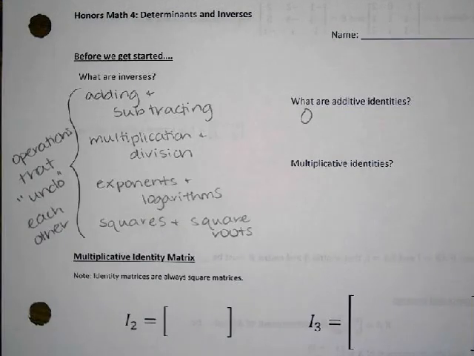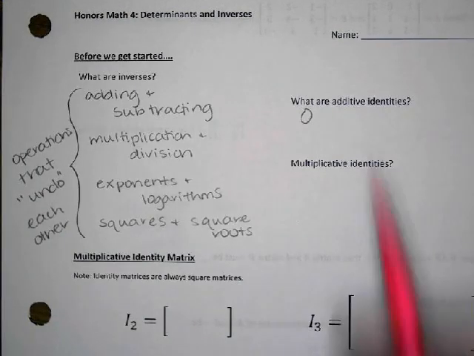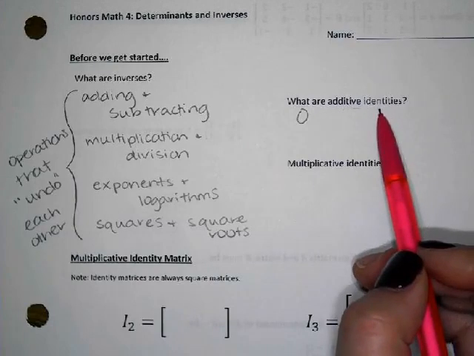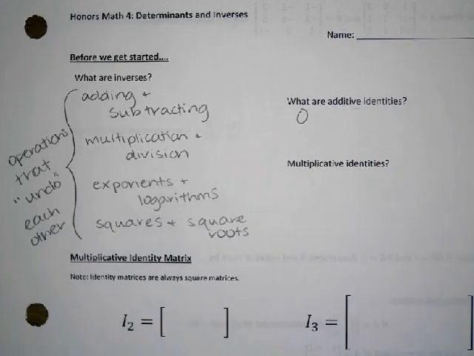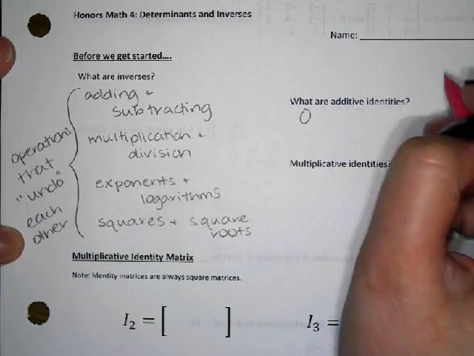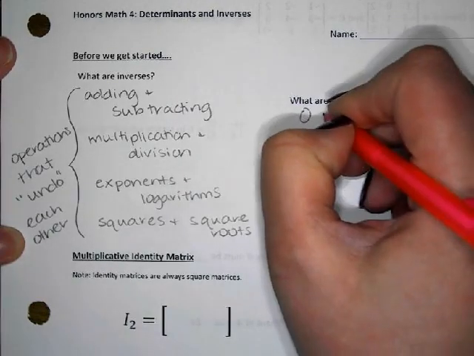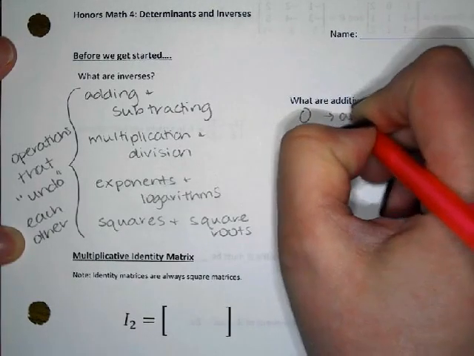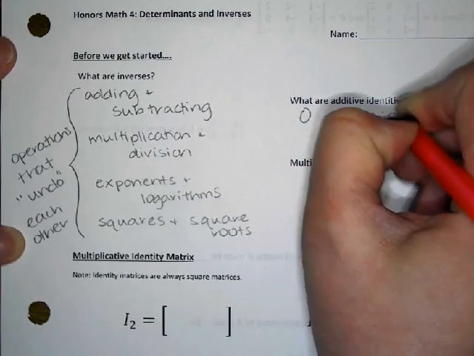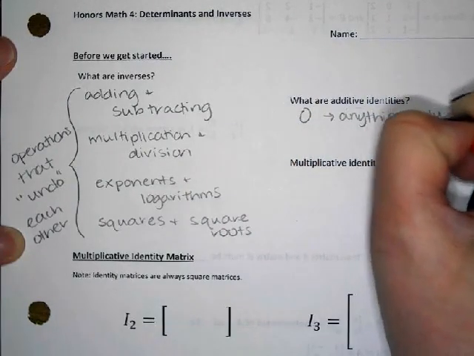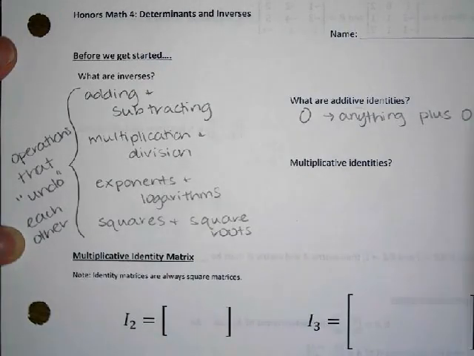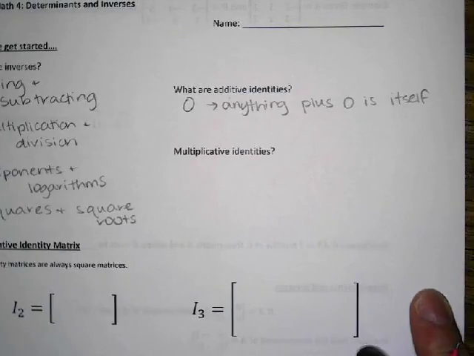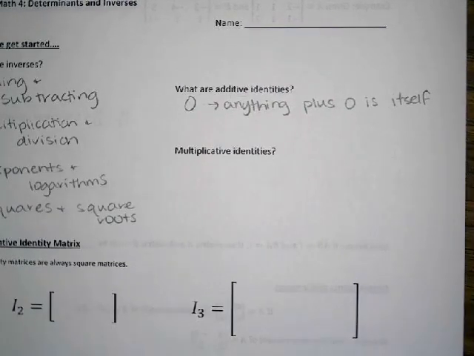So you can take any number, and if you add the additive identity to it, it's not going to change the number at all. It's going to keep the number the same. Does that make sense? Okay, so we're going to say 0 is the additive identity, and that's because anything plus 0 is itself. That's what it means to be the additive identity. Anything plus 0 is itself.